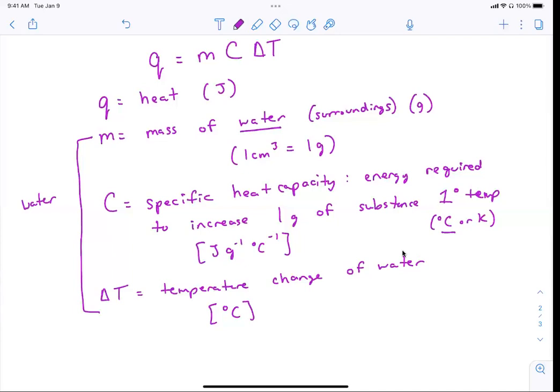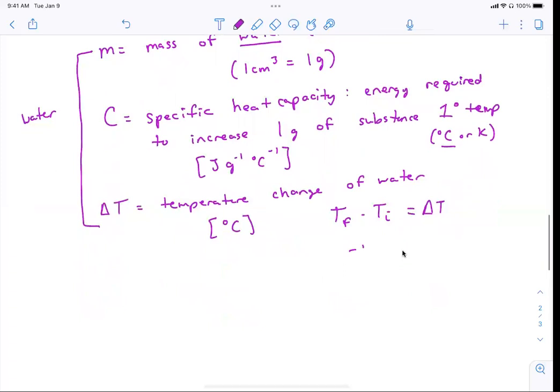But make sure you take the difference, so it's final temperature minus initial temperature. And that sign will be important. If your final temperature is lower than your initial temperature, that means the water lost heat, which makes sense because that means the system is absorbing heat.